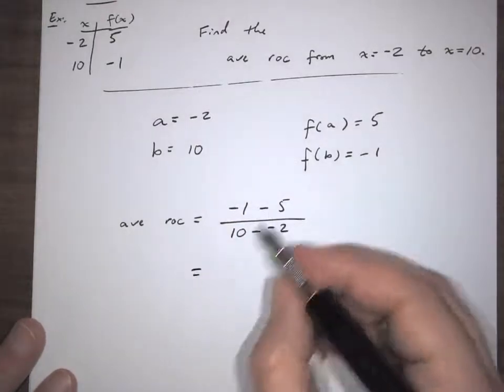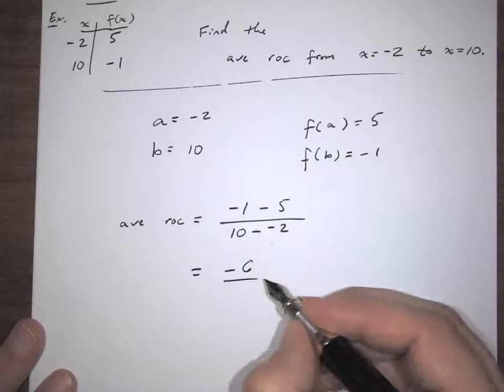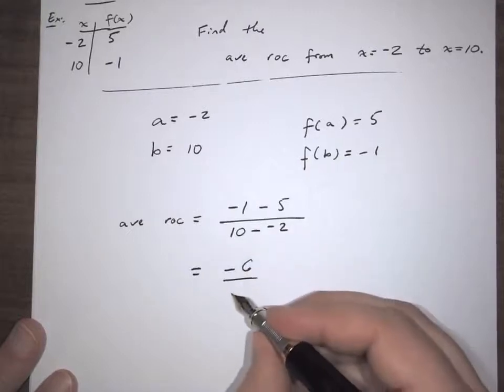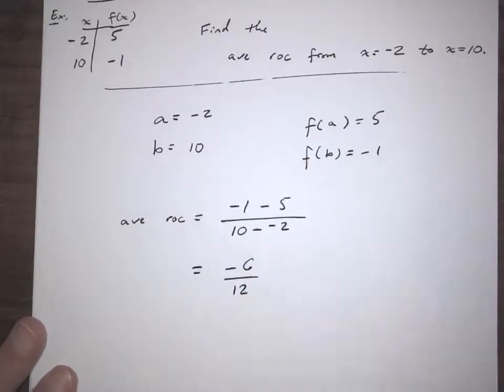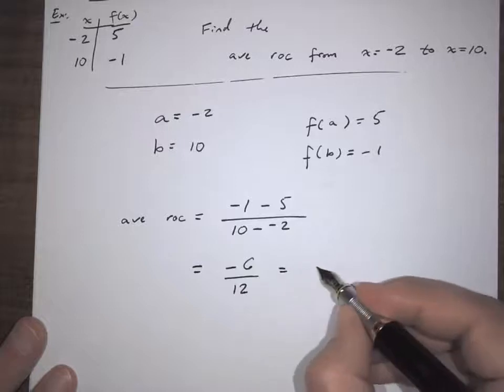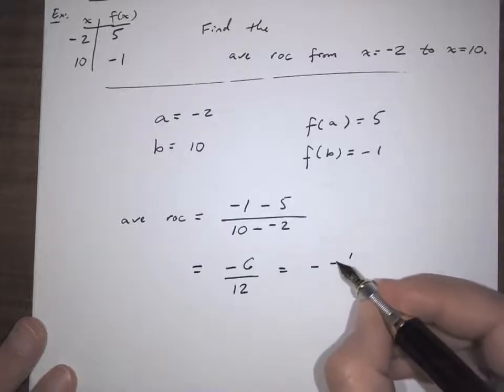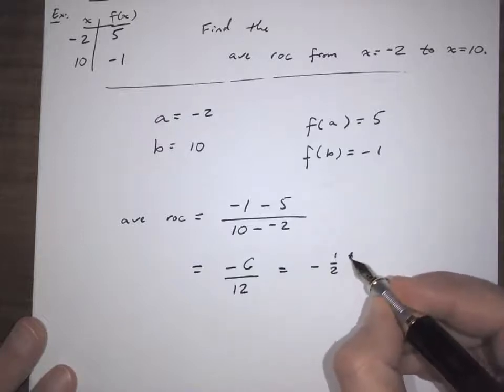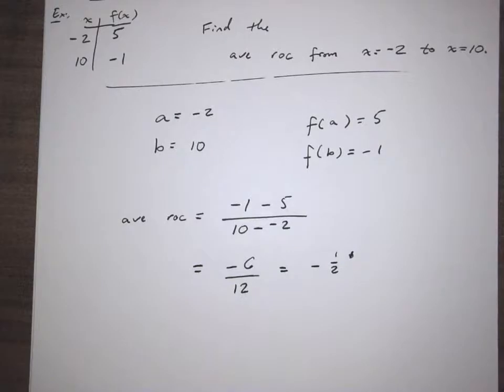And so that's going to give us a negative 6 over 10 minus negative 2, which is going to be 12. And then we can simplify that a little bit, and we have a negative 1/2.